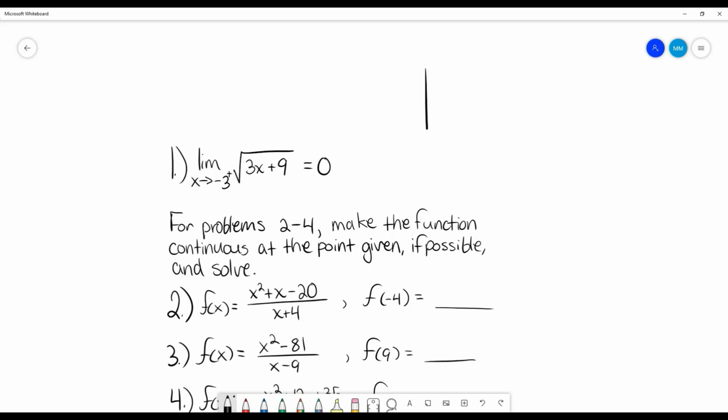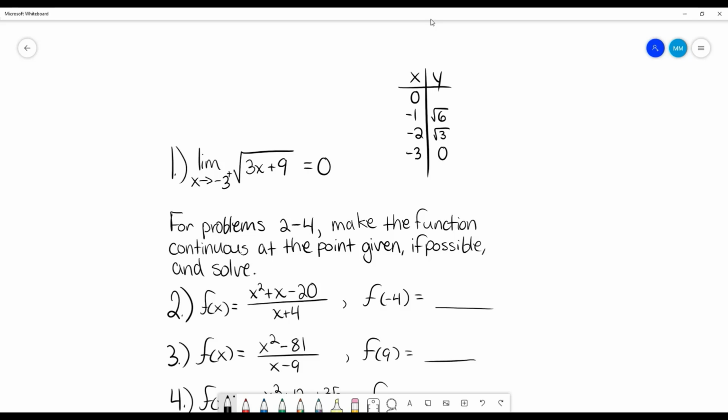And I'm going to make our little table over here just to visualize that a little better. So let's start with our larger values. So we'll start with 0, -1, -2, and -3. Obviously, we found that when we plug in that -3, we get a 0. If we plug in that -2, we get the square root of 3. Plug in that -1, we get the square root of 6, just like we did a second ago.